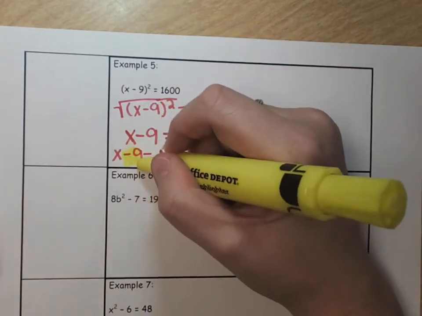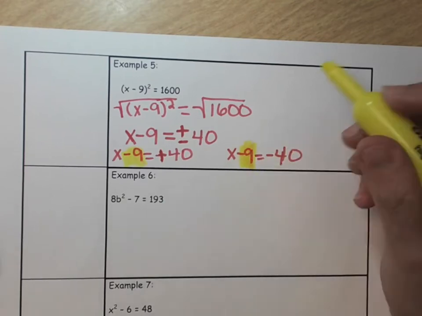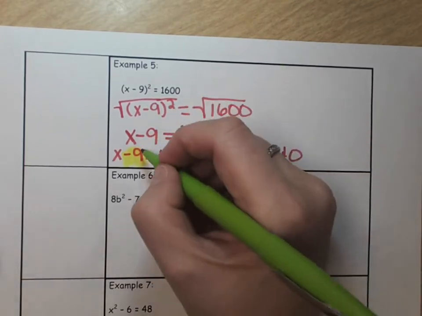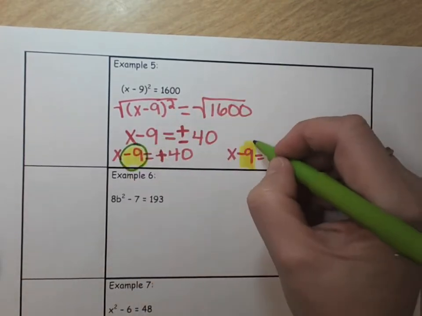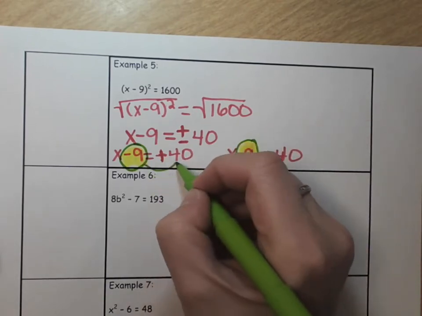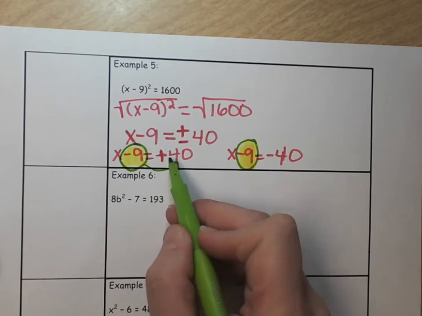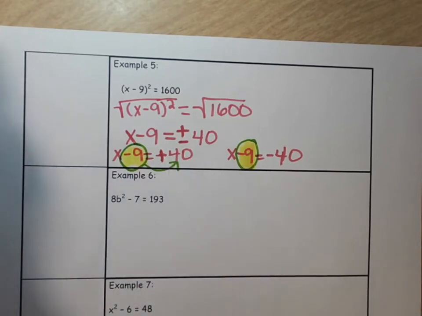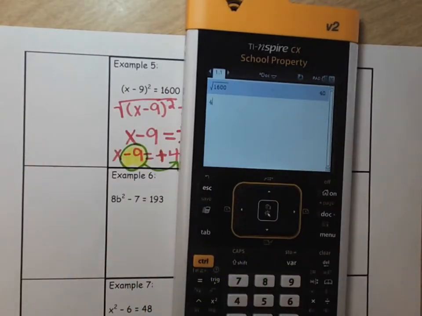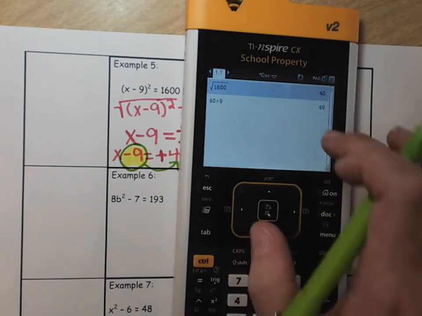These 9s have to move. They're on the wrong side. When I move, remember I change my address, I change my sign. This is going to be a positive 9. So positive 40, if you don't know, put in your calculator, positive 40 plus 9 is 49.